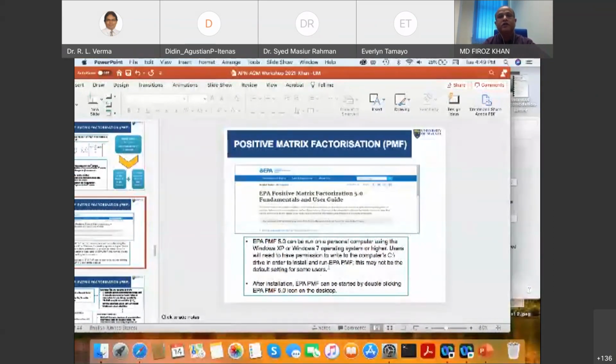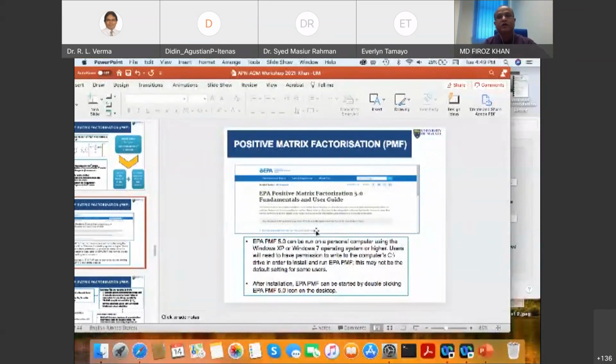But unfortunately, this Windows version from US EPA is not compatible for those of you who are Mac users, Mac OS, MacBook Pro. So MacBook Pro doesn't support this algorithm. Right, so let's move on.